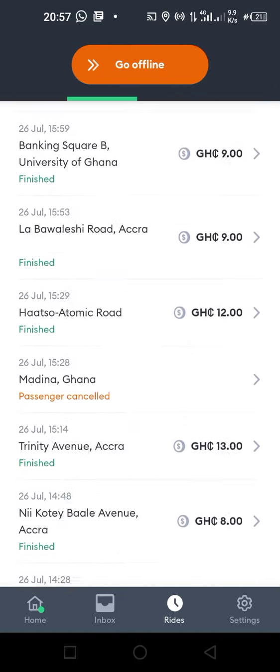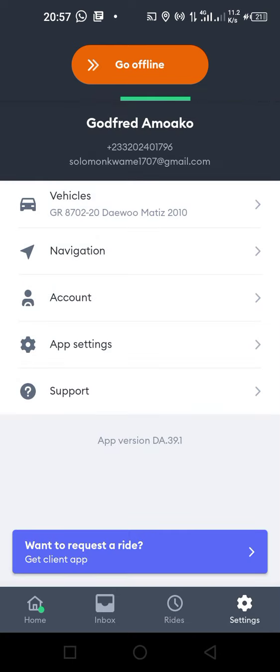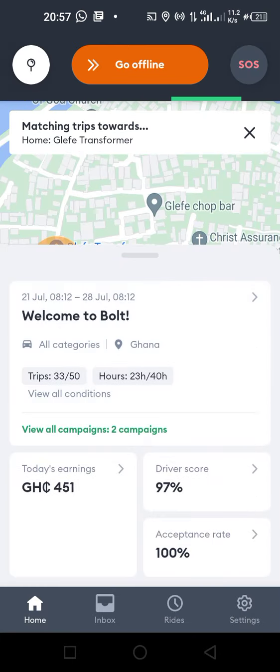The first one, passenger cancelled. That means the driver either was moving towards the passenger and he or she cancelled it, or the driver wasn't moving and the passenger cancelled it. It can depend on many things.